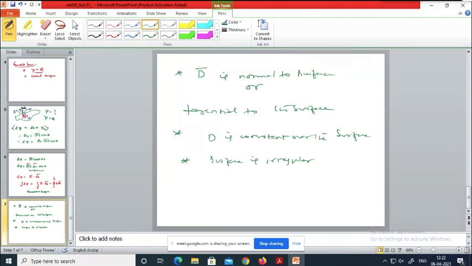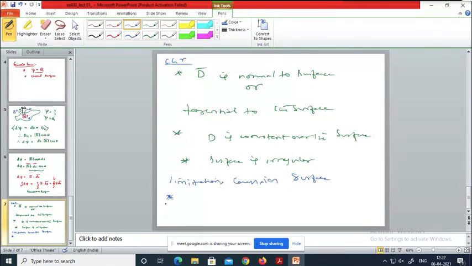And what are the limitations of the Gaussian surface? It is limited to symmetrical problems. What do you mean by symmetrical problems? D has to be normal.